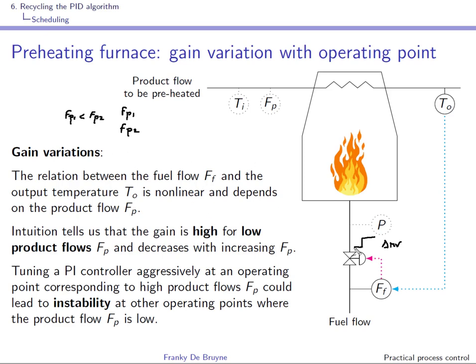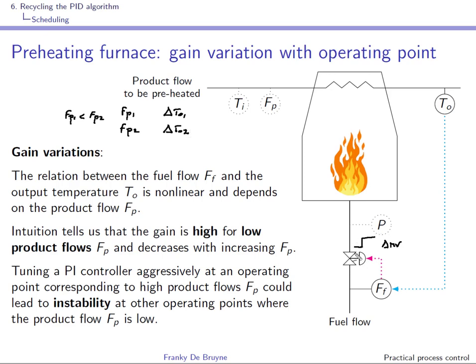So, if we do a step change over here, we'll have a variation of the temperature, and we'll have a delta of the output temperature in the first case, and we'll also have a delta of the temperature in the second case over here.